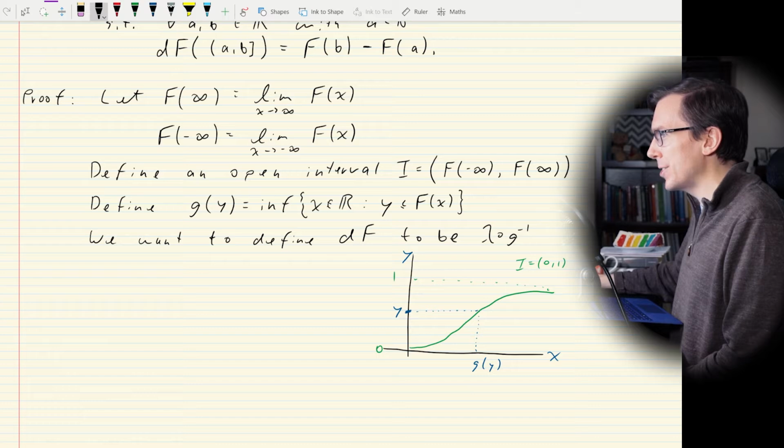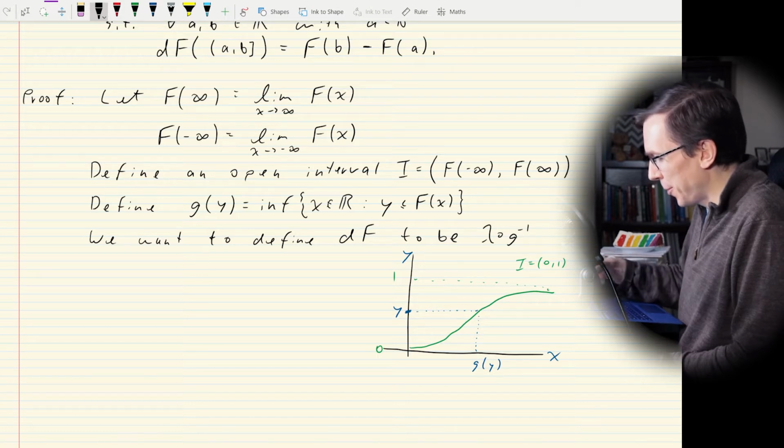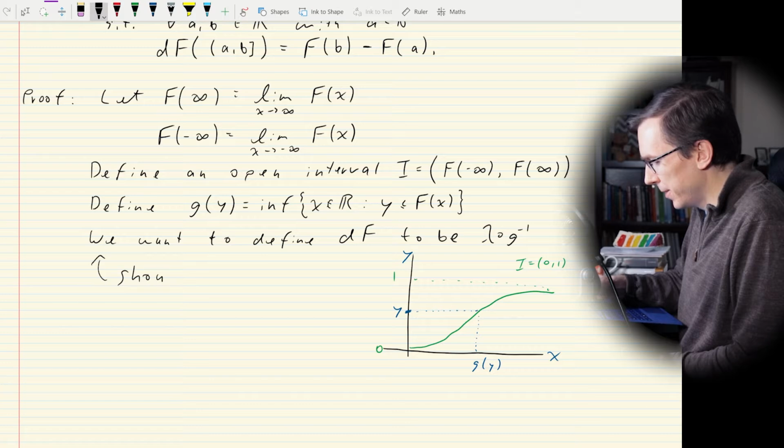Okay, and we want to basically show that this thing makes sense. So we want to define df this way and show it makes sense.